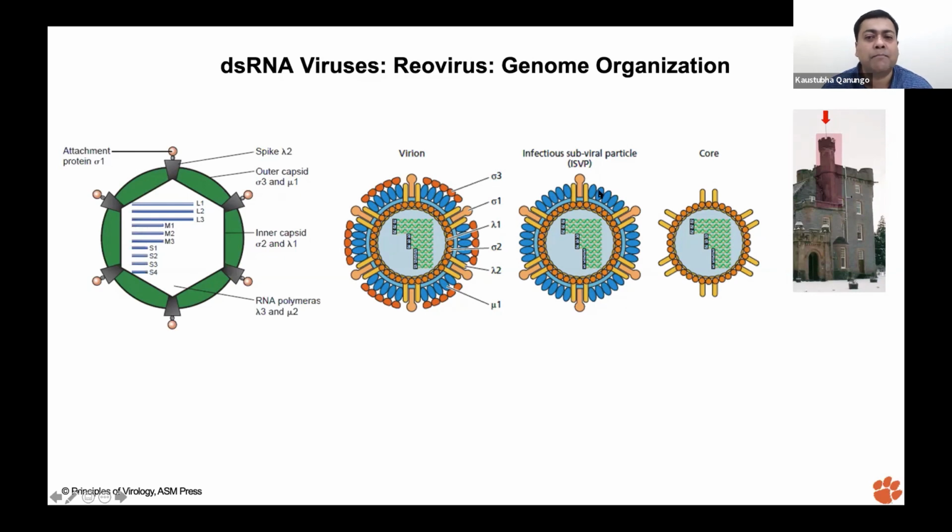As it penetrates the membrane, in that process this mu1 is stripped off, and this cap right here, which is also an attachment protein for receptor-mediated endocytosis, this sigma 1, also comes off. So right here is the core where the turret protein is now empty, and you have the double-stranded RNAs. Once this sigma 1 goes off and the hollow opens up, the RDRP is activated inside the viral particle and will make the mRNAs, which will come out into the cytoplasm through these portals. So that's basically the overview.